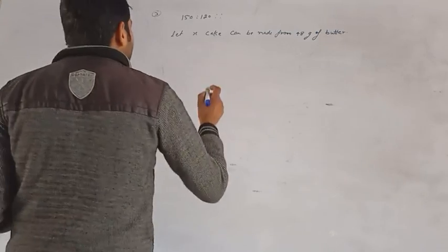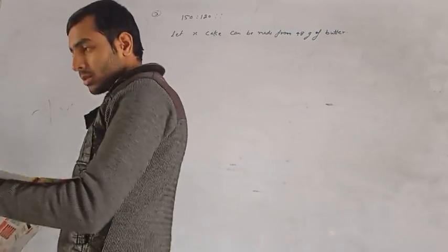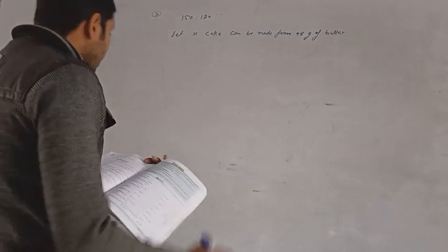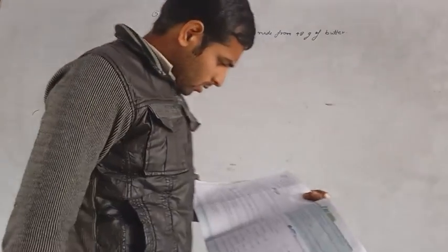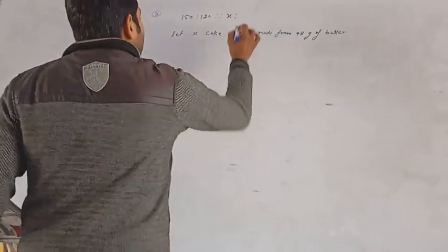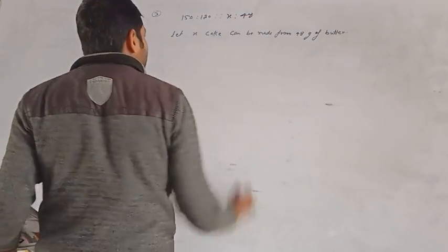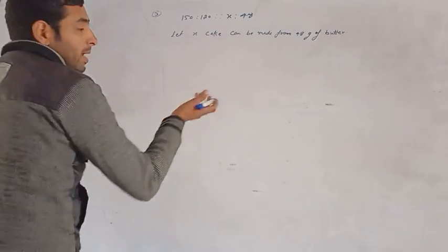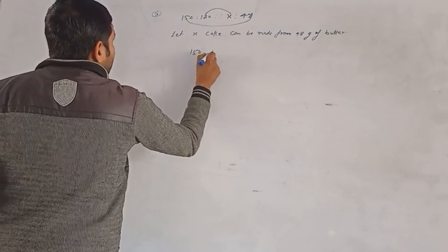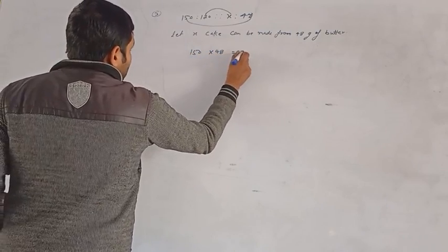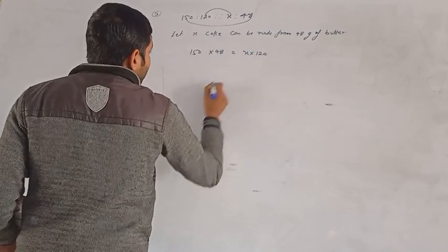So from here we get 150 ratio 120 proportion x ratio 48. By using the formula, 150 into 48 is equal to x into 120.